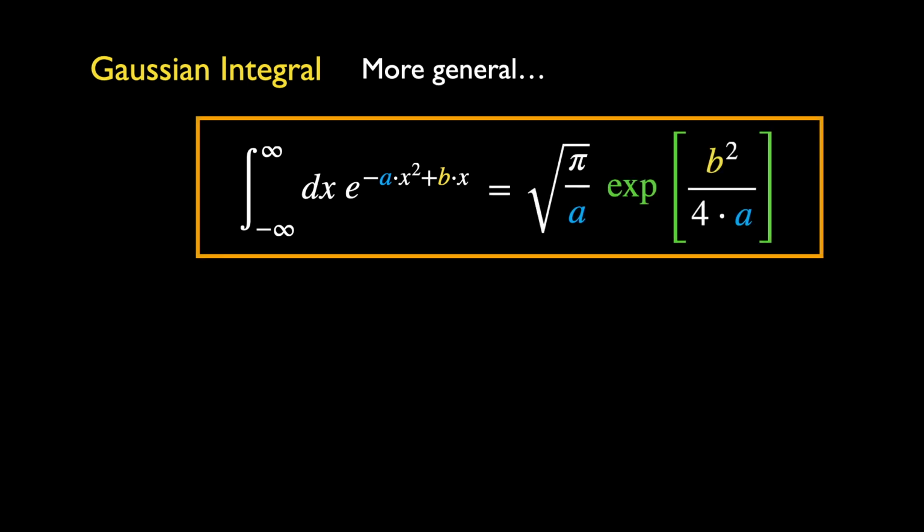A more general form of the Gaussian integral is given by this, which just includes an additional linear term in the exponent. The result is an exponential in addition to the square root term. This integral is solved by completing the square in the exponent and using the previous result.